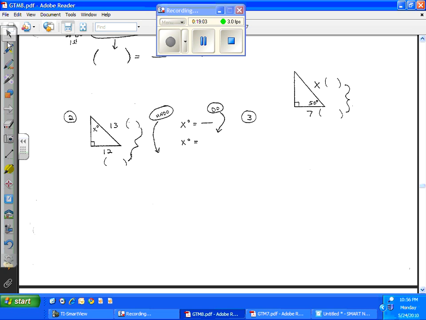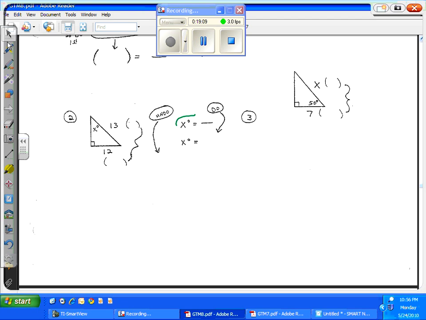So the first thing we're going to do is write down the angle measure, x degrees. We're going to look at the sides, see how they're related to the angle x to figure out which function to use.